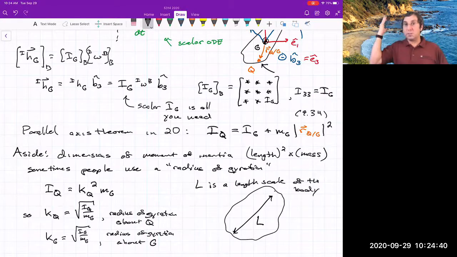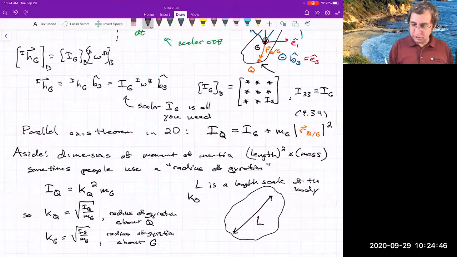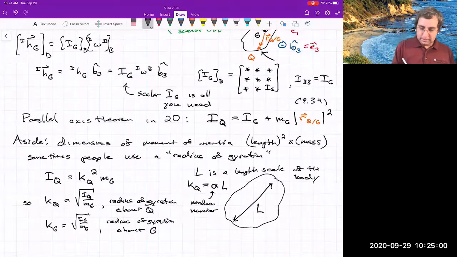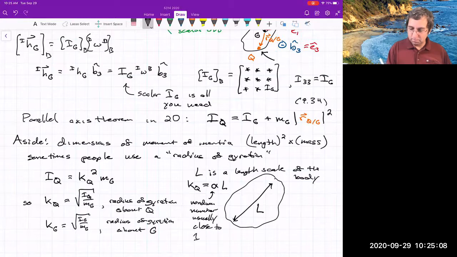For humans, our length scale is about a meter. Then the radius of gyration about any point is going to be some non-dimensional number alpha times L. This non-dimensional number is usually close to 1, within an order of magnitude.